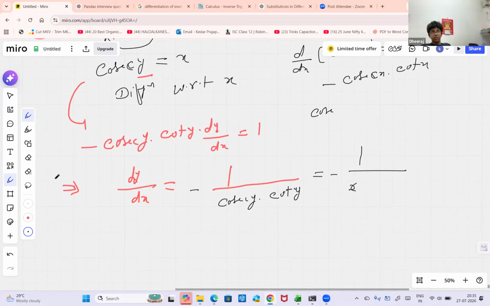Is it cosecant square x minus cot square x, or cot square x minus cosecant square x?